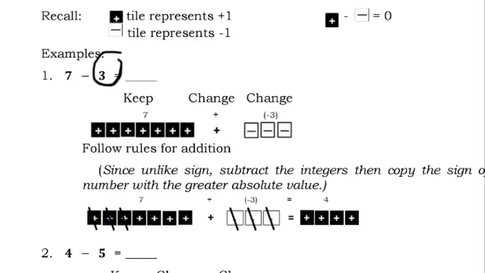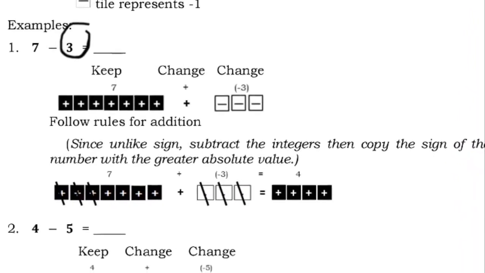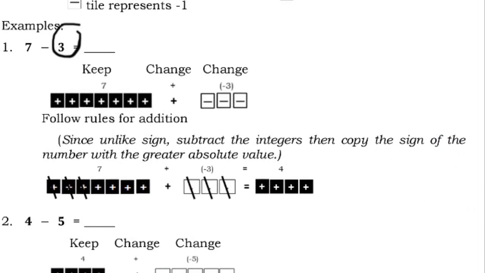Then follow rules for addition. So since unlike sign, subtract the integers, then copy the sign of the number with a greater absolute value. So you're going to cancel 3 positive tiles and 3 negative tiles. So the remaining tiles will be 4 positive tiles.